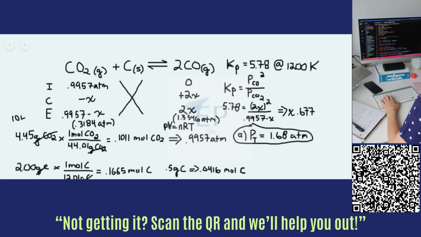and you would find that the final pressure of CO, if you just plugged it back into here, you'd have 5.78, whatever that change is here, and then you'd solve for X, and you would find that the pressure of CO, or the total pressure now, but still given the pressure of CO, is about 1.41 atmospheres.